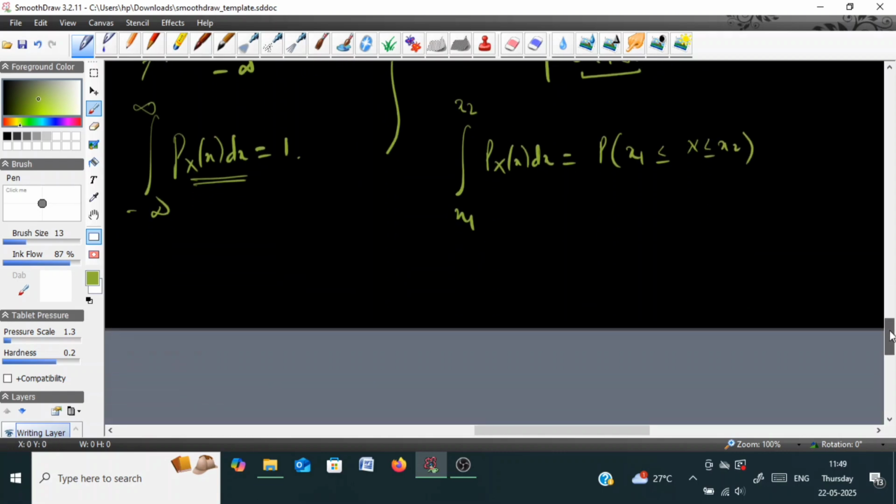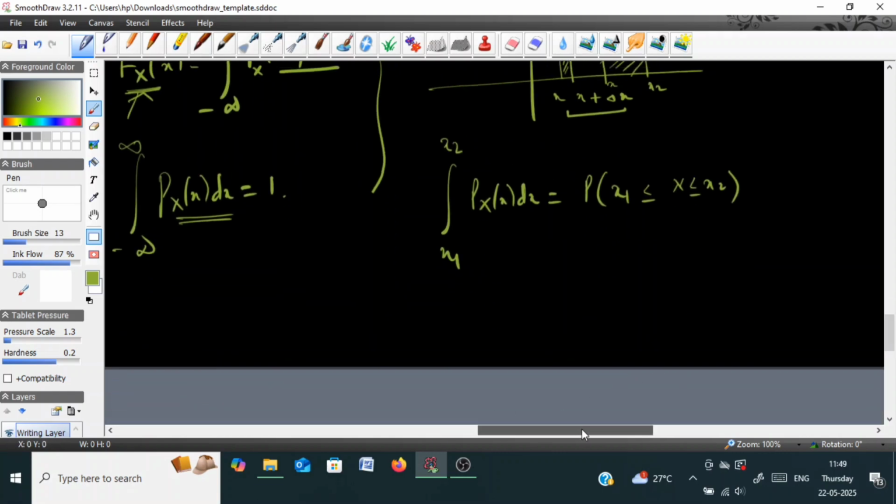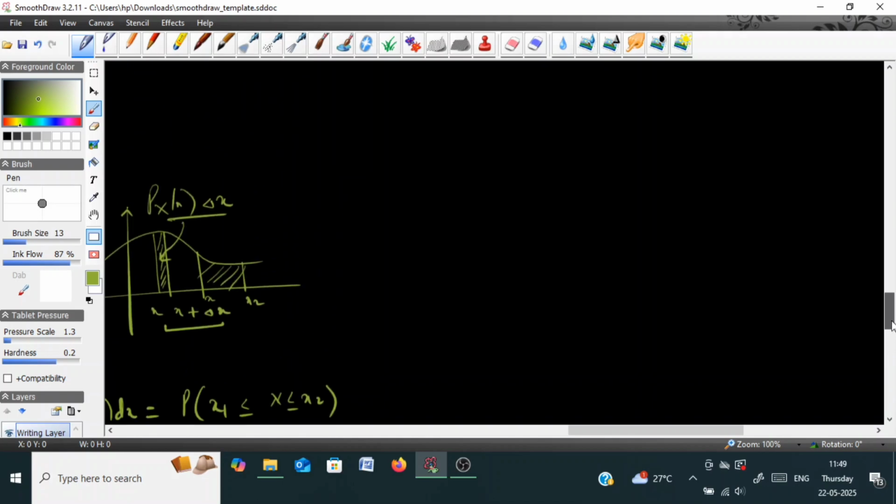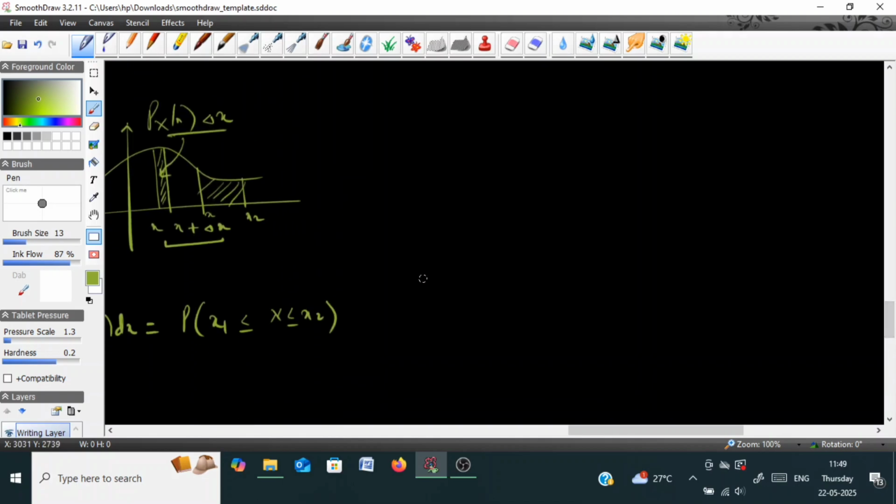Okay. And you can directly justify this. See, the probability of getting the random variable between x1 and x2, this should be less than, not equal to, it should be F_X(x2) minus F_X(x1).